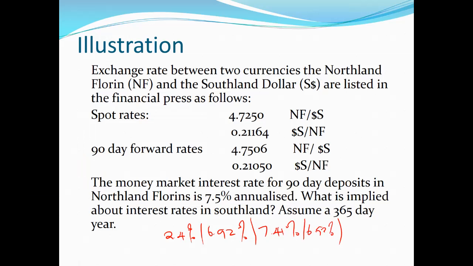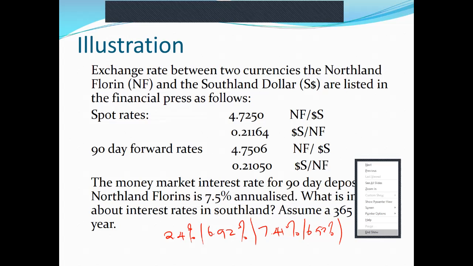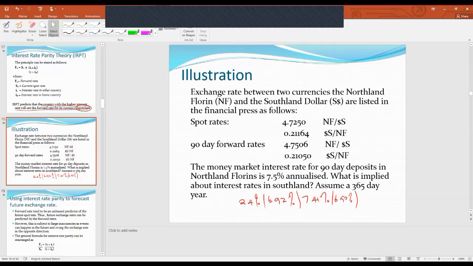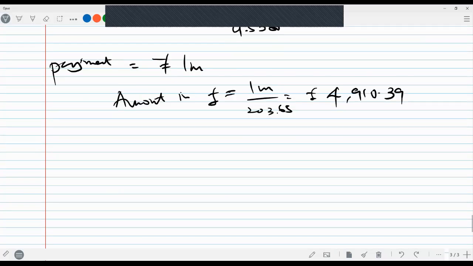Okay, so in this example, we have been given two countries. Let's attempt it together. We're given the spot rate, the interest rates, and the 90-day forward rate.